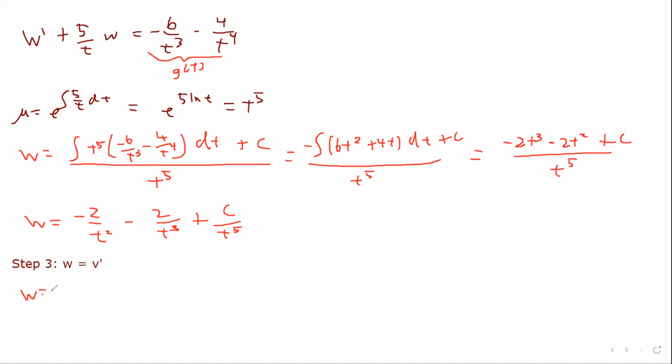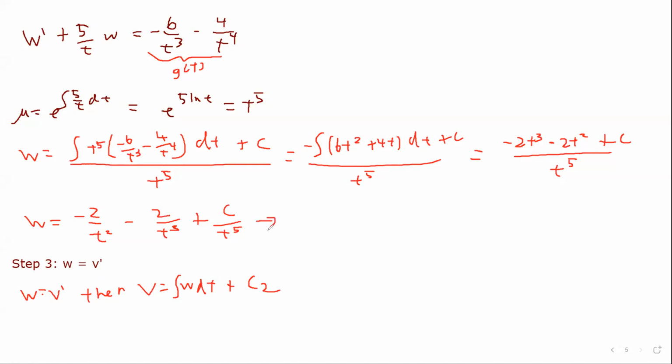So if W equals V prime, then V equals the integral of W dt plus another constant, let's call it C2. So we have to integrate this.